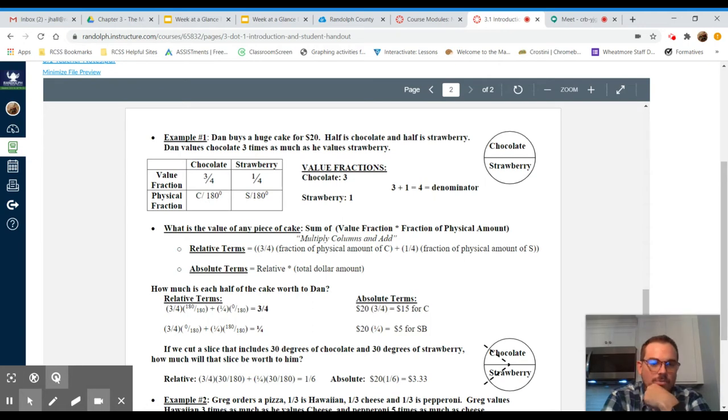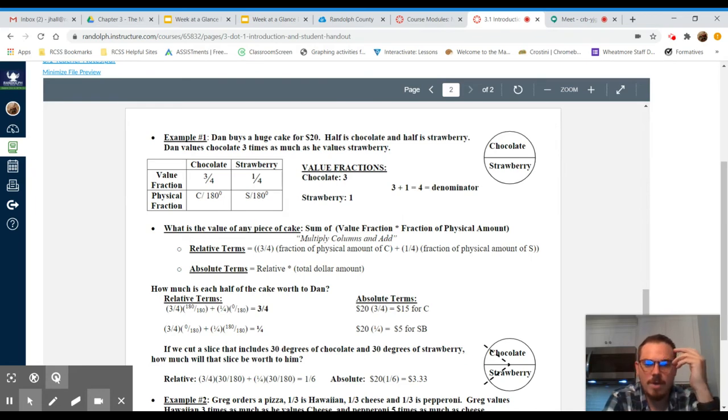What is the value of any piece of cake? Right? How am I going to find the value of any piece of cake? Well, the sum of our value fraction times the fraction of physical amount. So let's talk those two terms I decided up there, relative and absolute. Absolute was money. Relative was percentage.